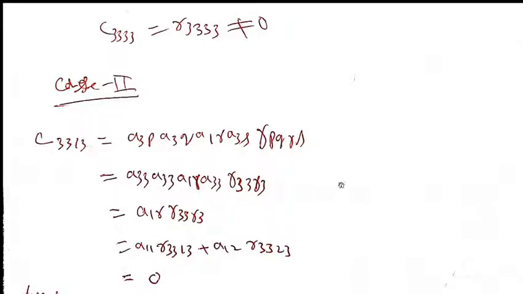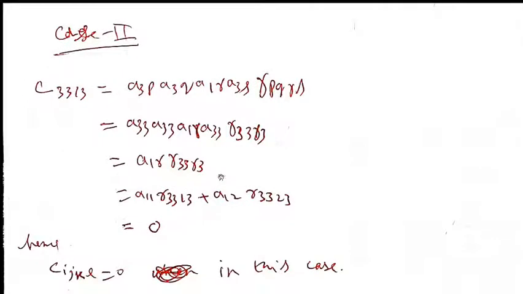when C3313, in which any three are 3, so we have taken this type C3313. On right hand side we have this A33, and this would be, we will open the summation on 3, we have A33, open the summation on Q, we have A3, then A33 and R will be left.